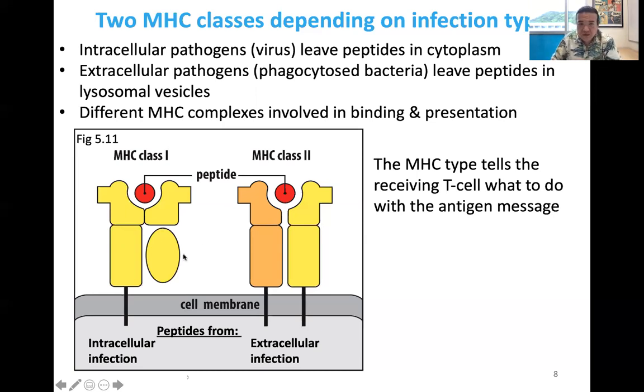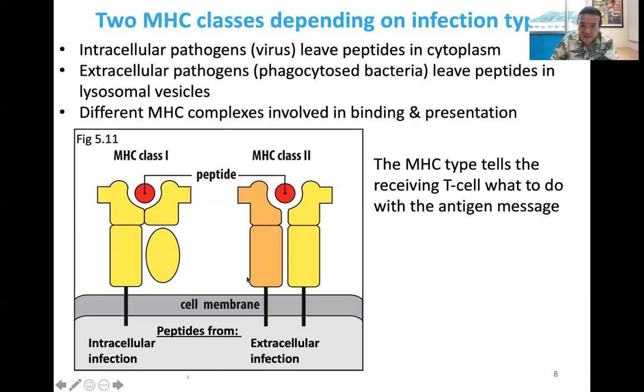Okay. So if you see here, this is obviously a very simple cartoon, but you can see the main structural differences between MHC class 1 and MHC class 2 is that MHC class 1 is made up of one long segment, one long yellow chain that starts from the upper right here, continues through these 3 separate domains of the protein, and then it ends up being the anchor and this extra globular protein that is just kind of stuck on there.